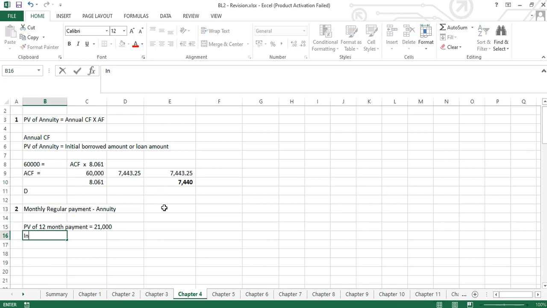The interest is 3% per year or month. It is per month. But we will first now write up the formula, which is present value of annuity equals annual cash flow, or maybe we'll say the regular cash flow because it's not annual here, multiplied by the annuity factor.